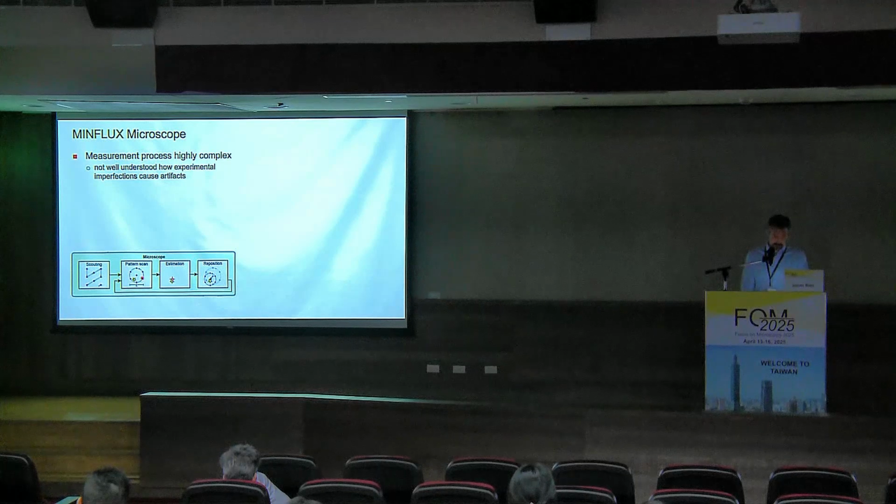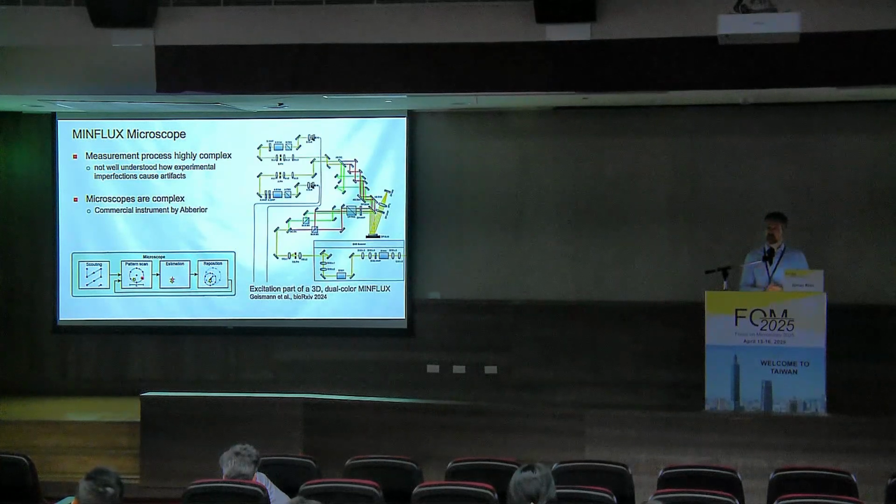Another problem is that the MINFLUX microscopes are really complex to build and to use. This is just the excitation path of a really beautiful MINFLUX instrument by the Francisco Balzarotti group that can perform 3D and dual color MINFLUX. But as you see, there are a lot of components. Here, very importantly, we have 2 electro-optical deflectors for fast scanning.